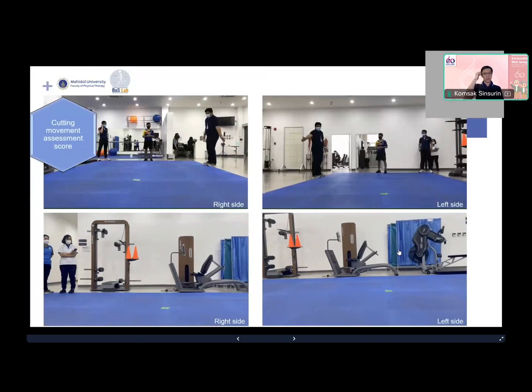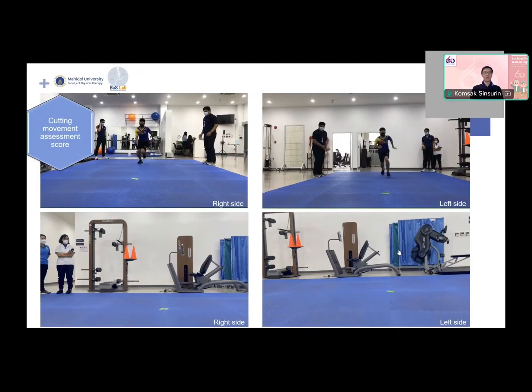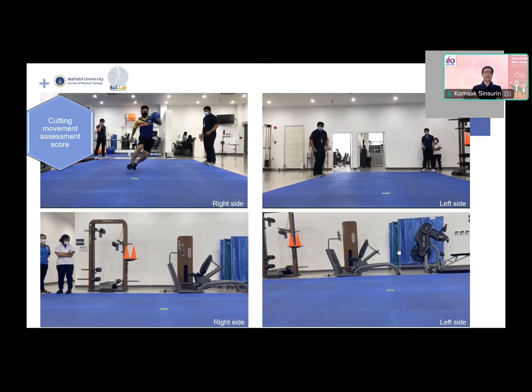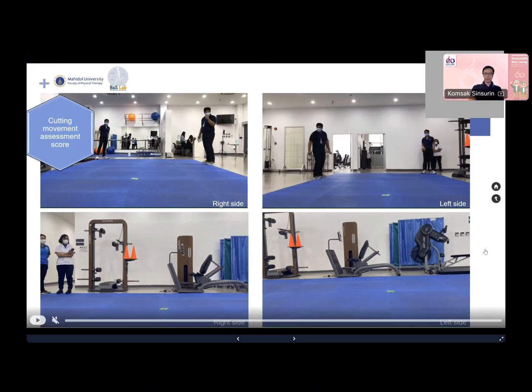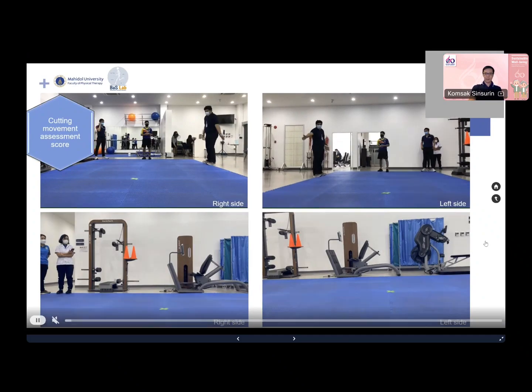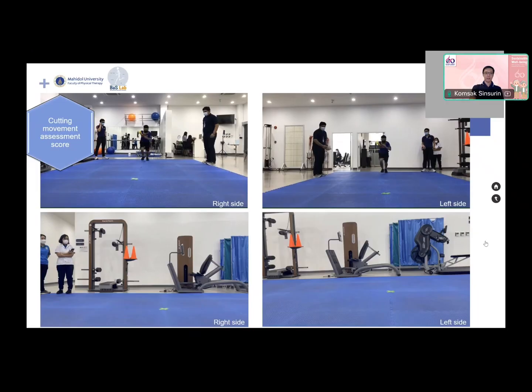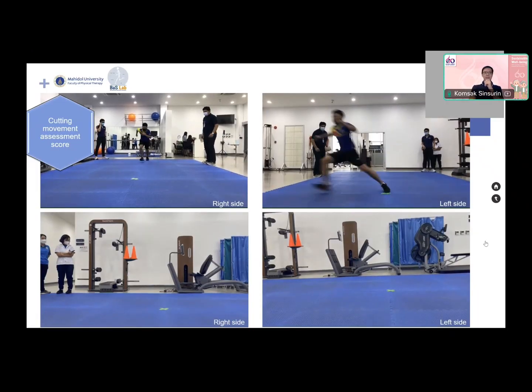So this is the cutting task, where we place the camera in the front view and also the side view to observe the movement errors side by side, and also in the sagittal plane. Again, the athlete is asked to cut with the maximum speed he can.